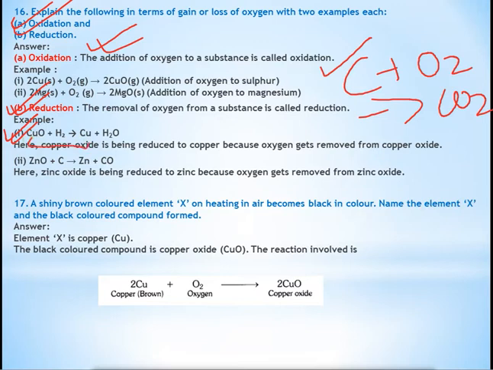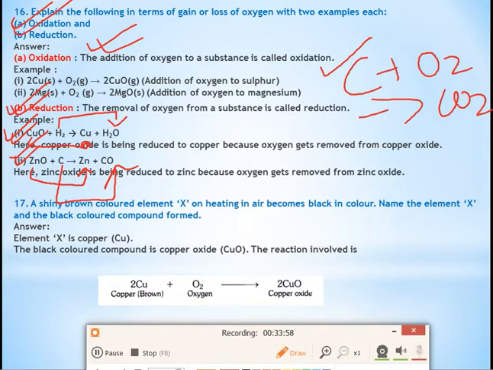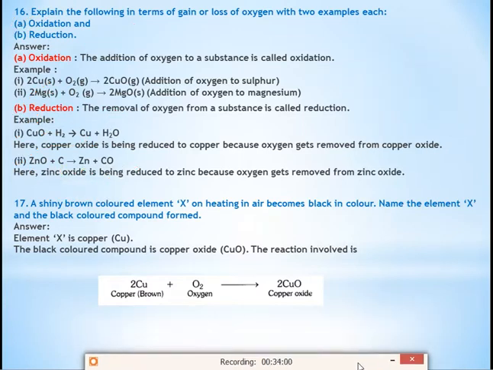So in this reaction, copper is getting reduced, and with hydrogen, oxygen is attached, so hydrogen is getting oxidized. In the next reaction, zinc oxide is changed into zinc, meaning zinc is getting reduced and carbon is getting oxidized, because oxygen is added to carbon. So these are the examples for oxidation as well as reduction reaction.